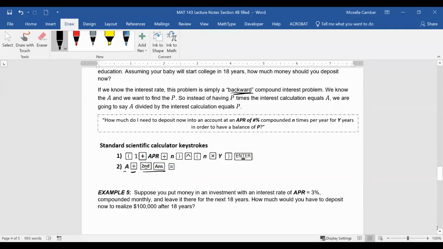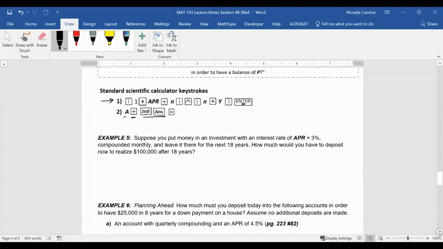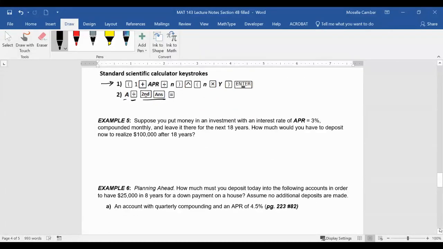So this is why I had you practice it doing in these 2 steps, because the first step is going to be exactly the same. You're going to do the 1 plus whatever, and then you're going to do A divided by that. And the reason we do that, we'll see in this example.